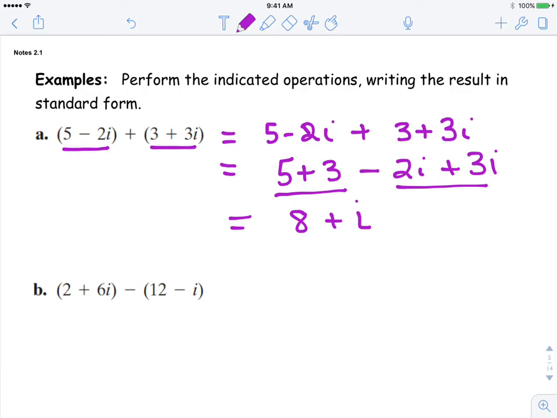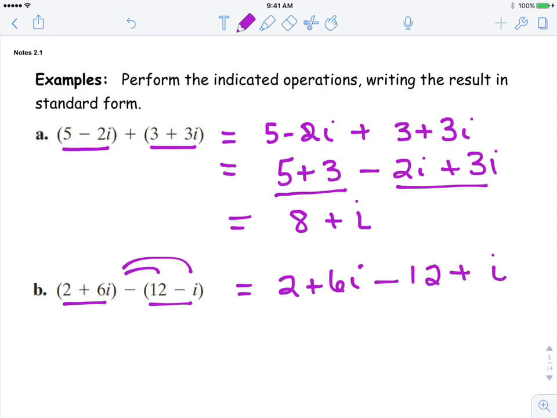In example B, we have a complex number and another complex number. Notice the operation between them is subtraction. So when we drop the parentheses, we have to distribute that subtraction sign through. It's going to change those signs. We have 2 plus 6i, and then minus 12 plus i.